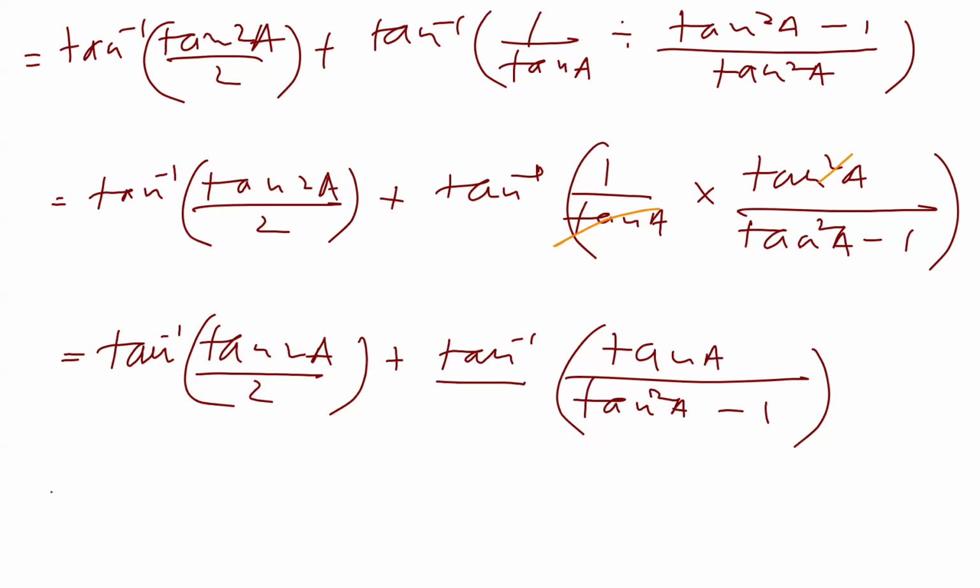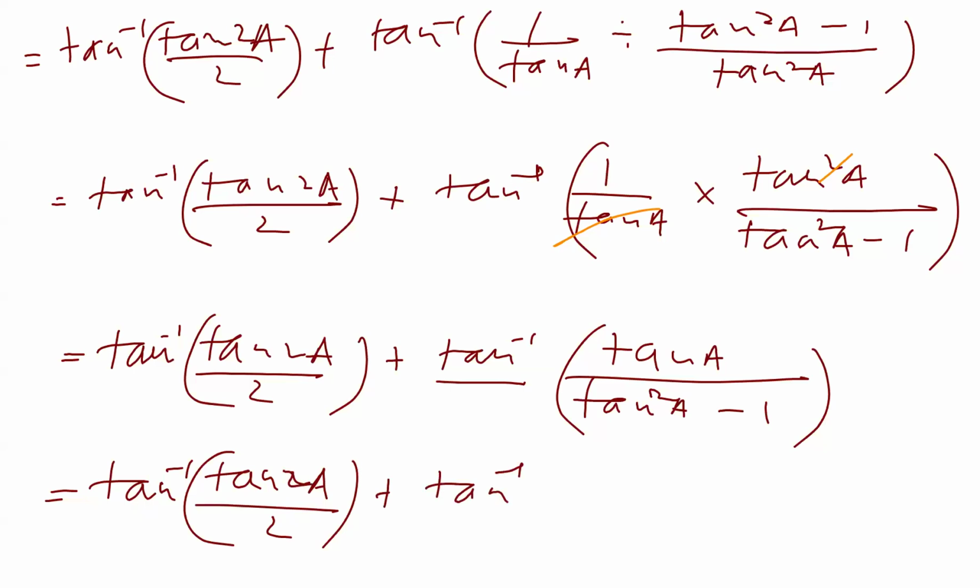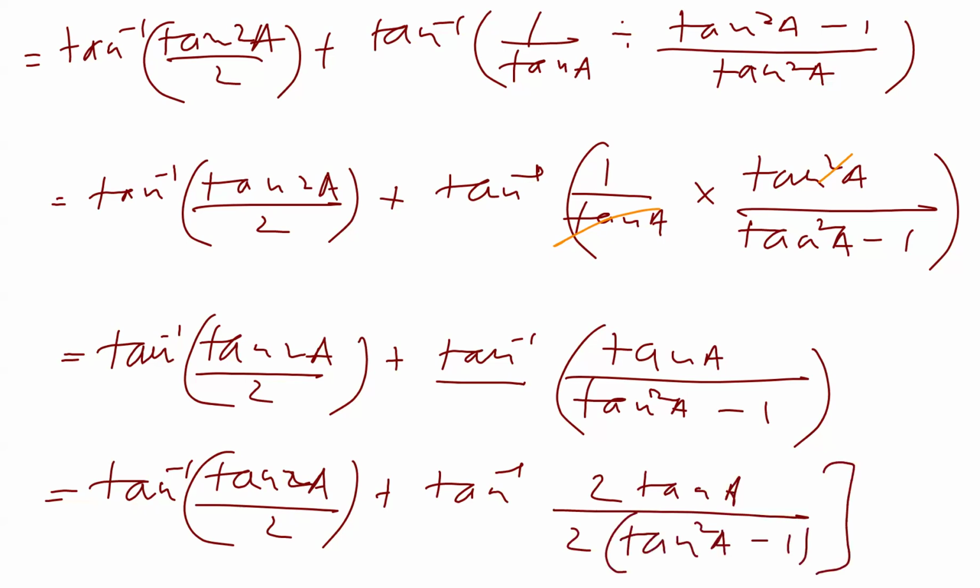Now first step, tan inverse of tan 2a by 2 plus tan inverse of, multiply and divide by 2. So the purpose you'll understand, don't worry.